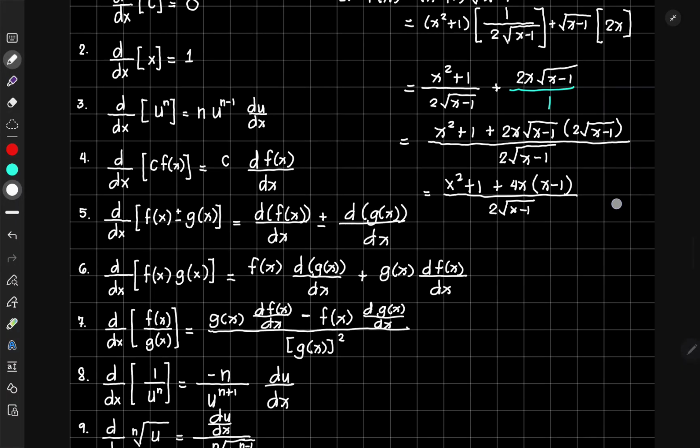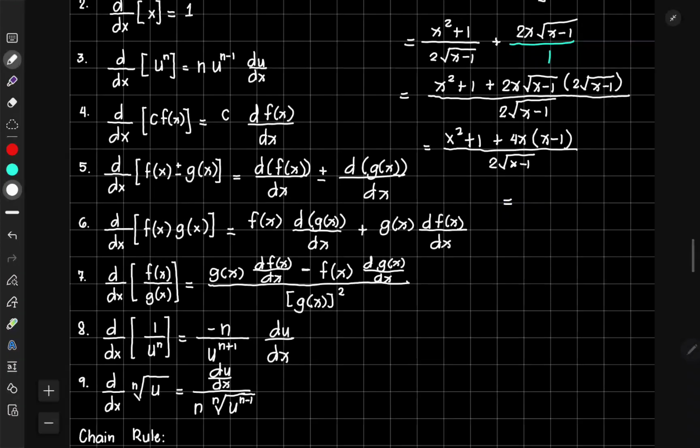Yan. So, hindi pa yan tapos. So, we have equals to x squared plus 1. So, plus. So, distributing 4x sa loob ng parenthesis, we have 4x squared and minus 4x all over 2 the square root of x minus 1. So, we have x squared plus 4x, that is 5x squared. So, minus 4x plus 1 all over 2 square root of x minus 1.